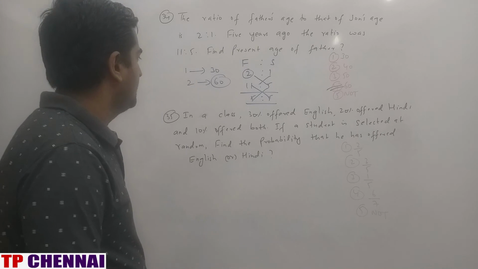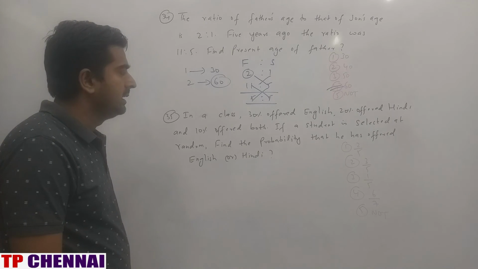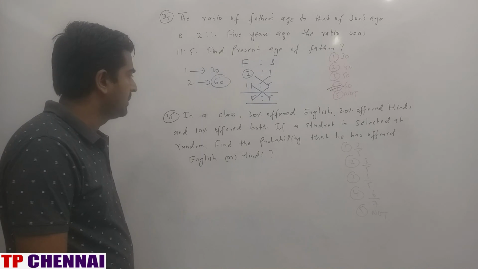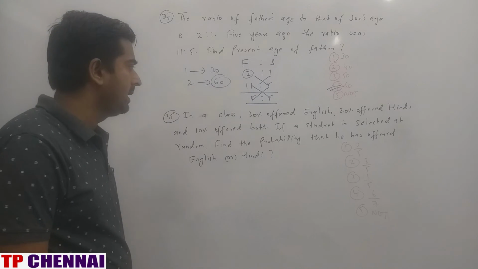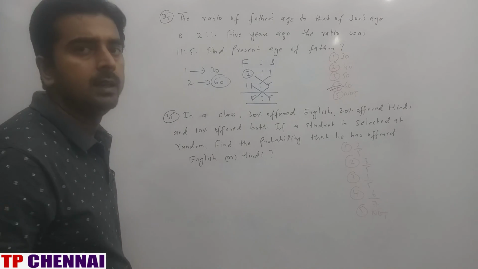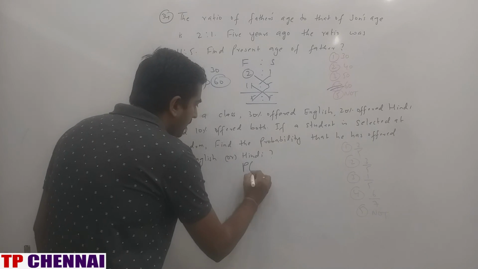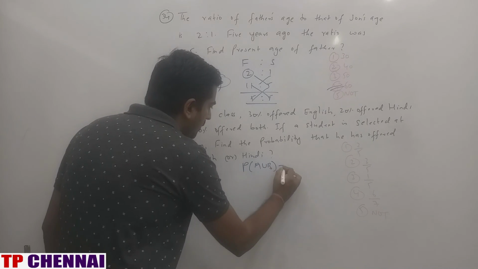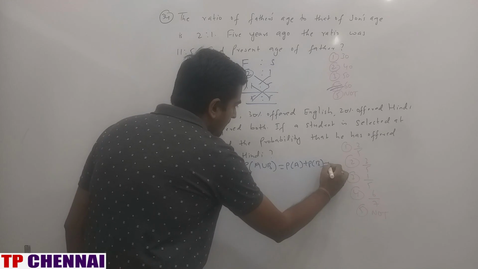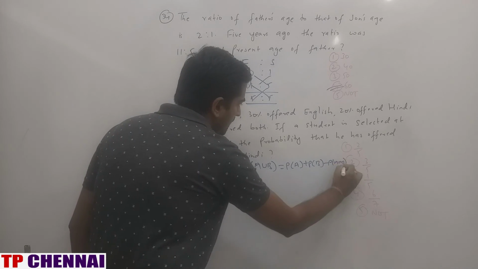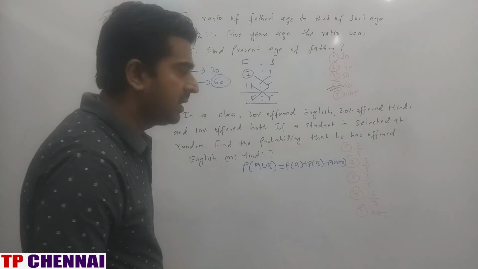Last one. In a class, 30% of students offered English, 20% offered Hindi, and 10% offered both. If a student is selected at random, find the probability that he has offered English or Hindi. You know very well P of A union B. What is the formula? P of A plus P of B minus P of A intersection B, where intersection part is common part.